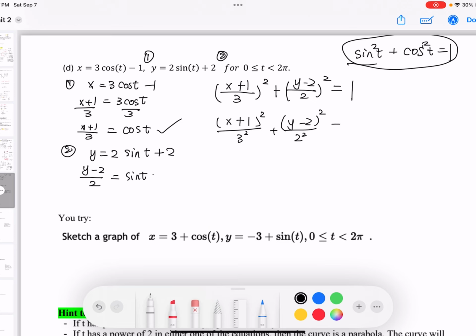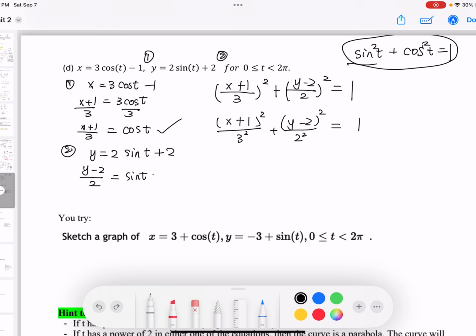Okay, I forgot the square on the top. What is this? This is an ellipse. And then we can find the center is -1, comma 2. What is the a? So a is 3 or 2. It is 3, 3 is the bigger number. So we say a is 3. Then I have my ellipse, and the major axis is parallel to the x-axis.